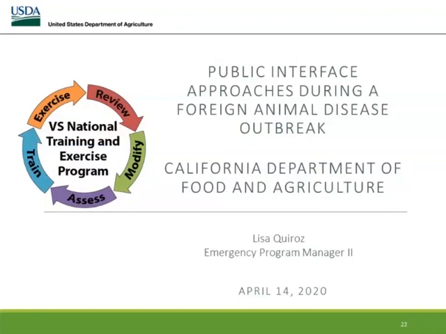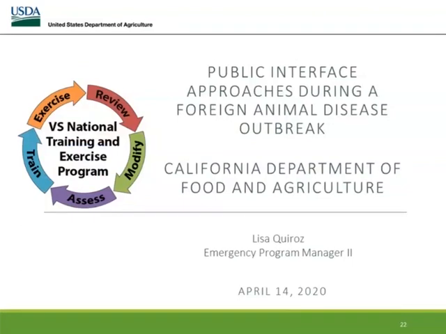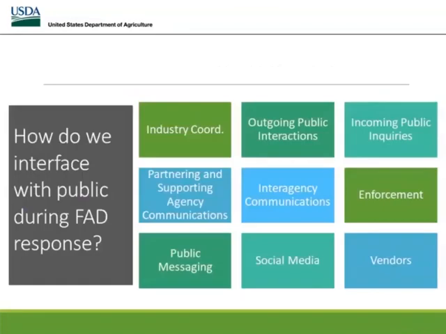Thank you. It's Lisa from the Department of Food and Agriculture. I'm happy to be here today. I'm going to spend some time talking about how we interface with the public during FAD response. I'm going to go through many of the items that you see on the screen in a little bit more detail.